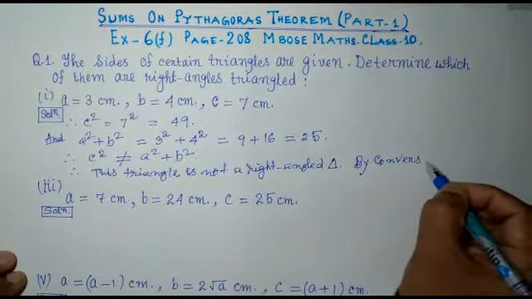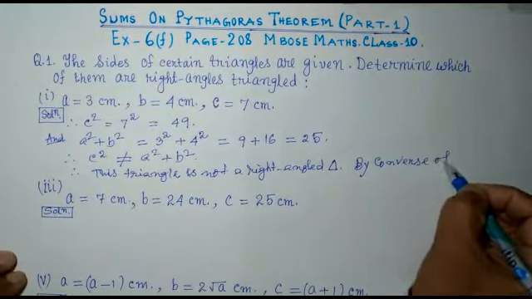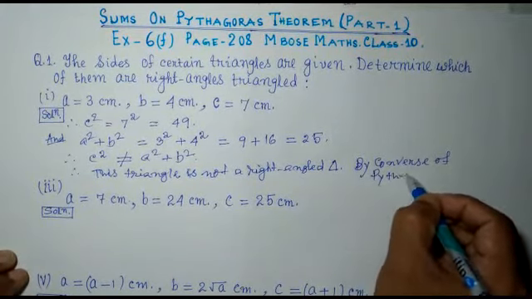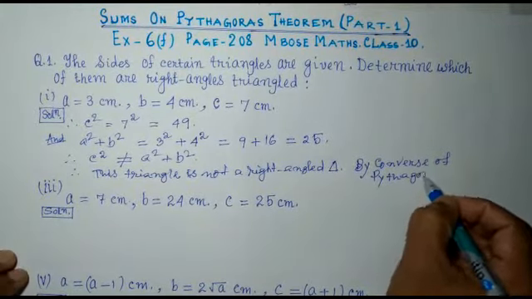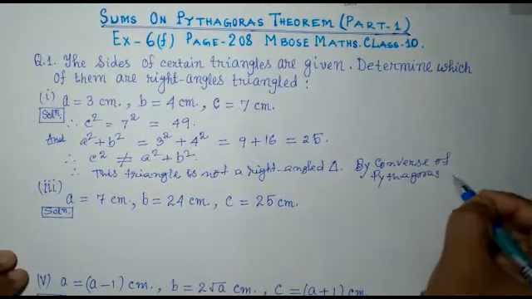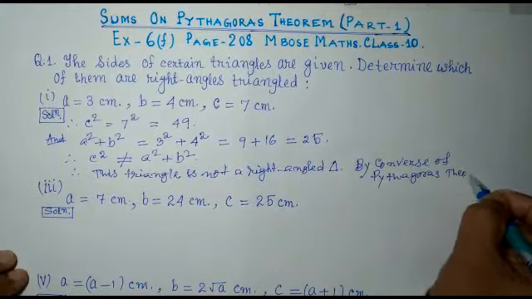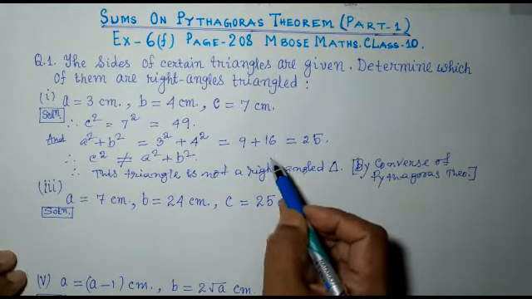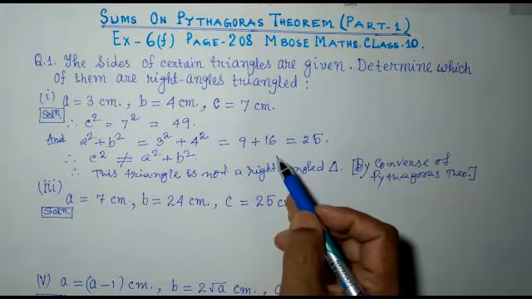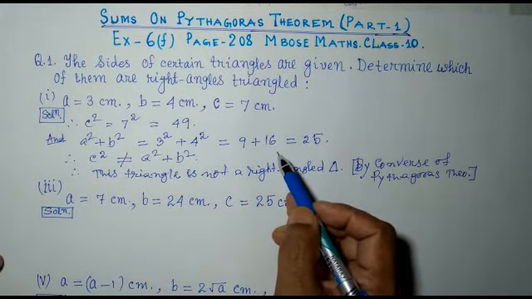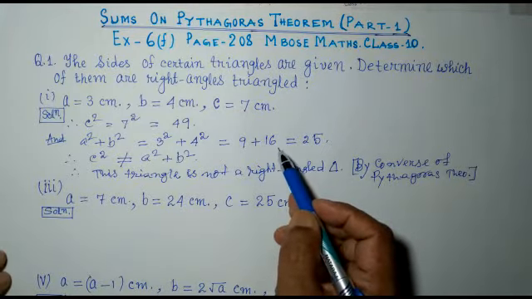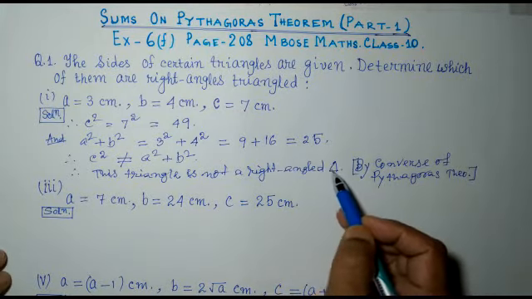Converse, C-O-N-V-E-R-S-E, converse of Pythagoras theorem. So what is the converse of Pythagoras theorem? In a triangle, if the square of one side is equal to the sum of the squares of the other two sides, then the angle opposite to the first side is a right angle. So the triangle will be a right angled triangle.